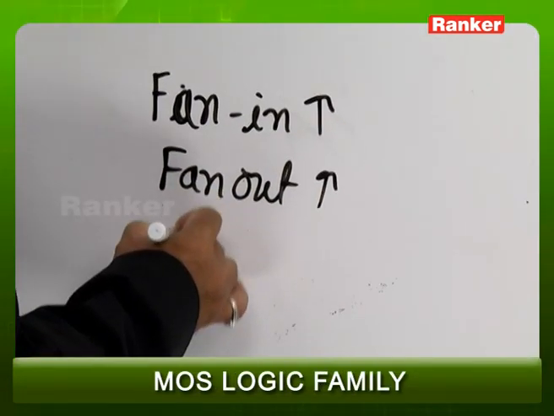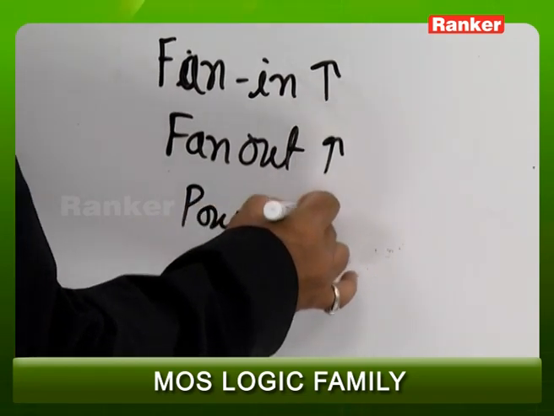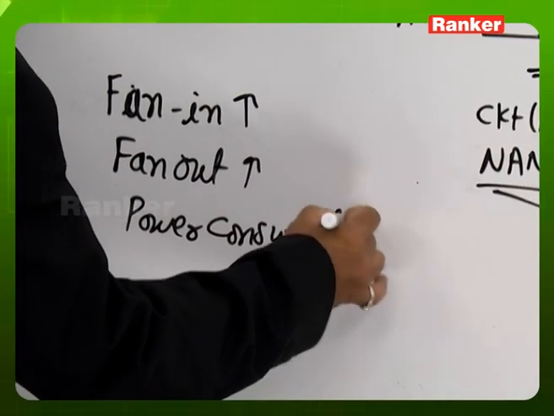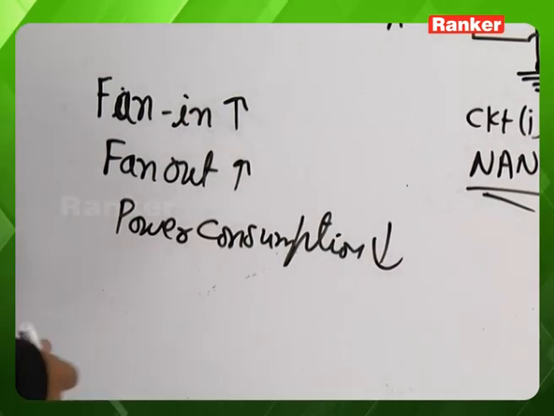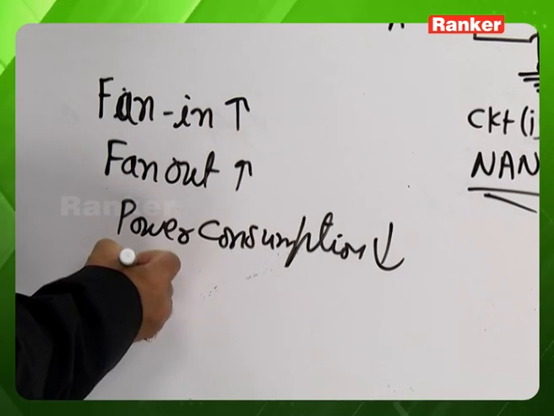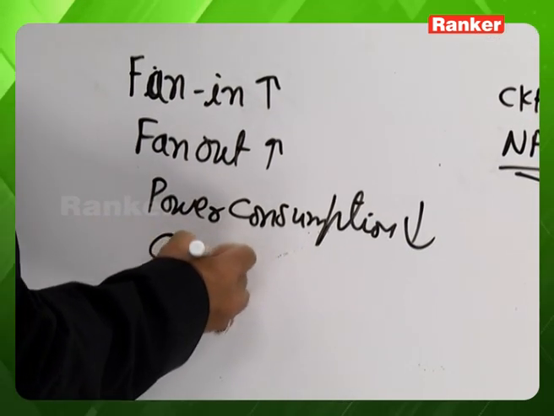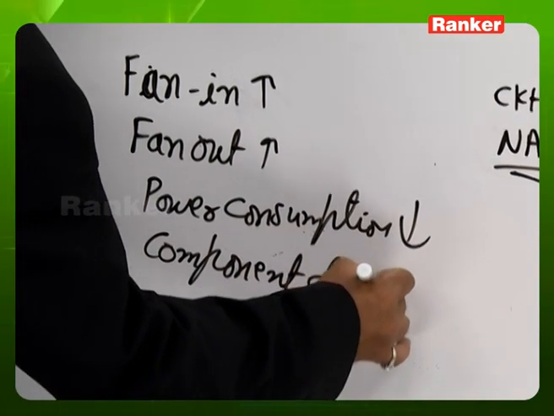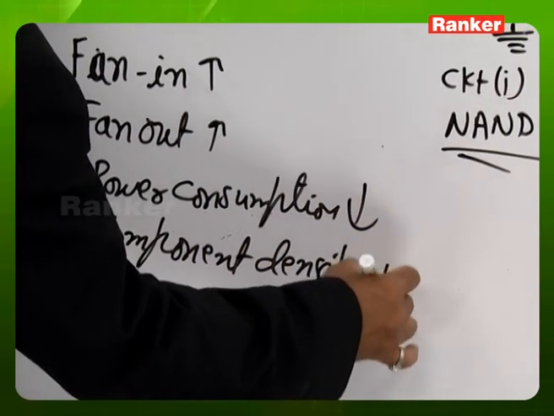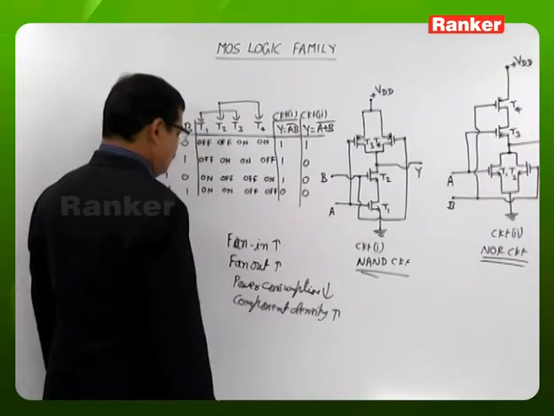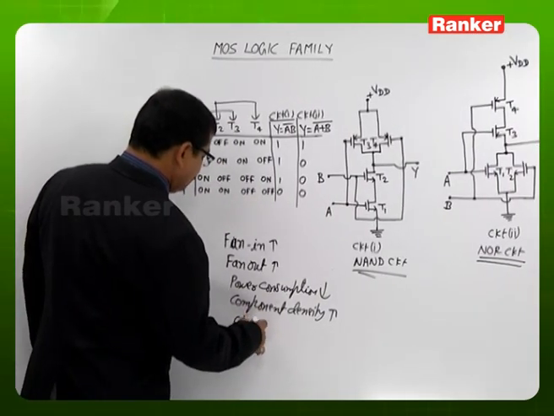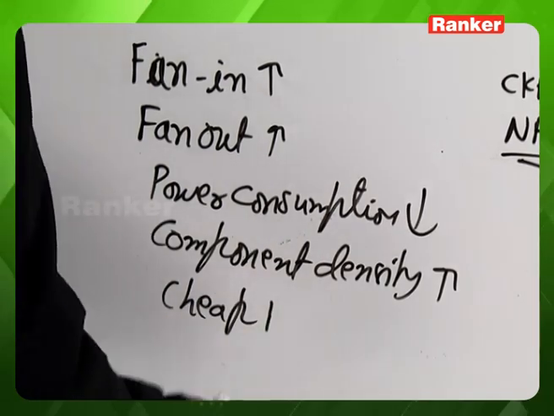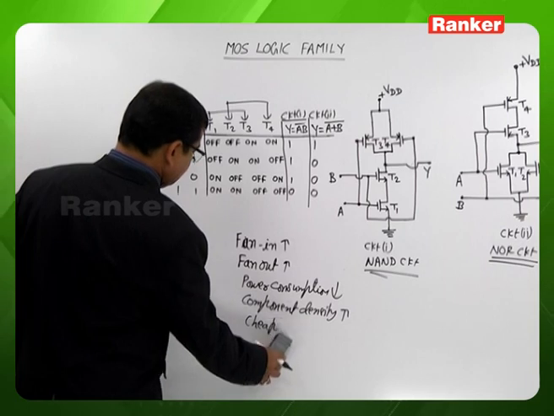Power consumption is less, and component density is more. And they are cost-wise cheap. The cost of the logic ICs is less.